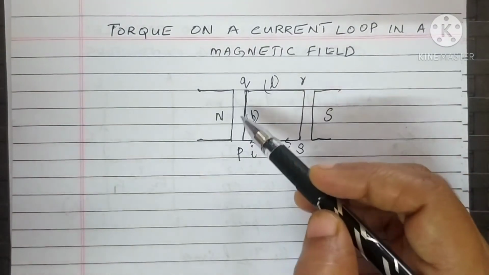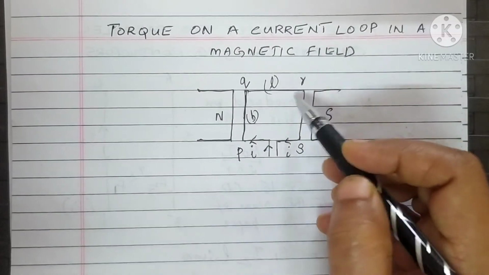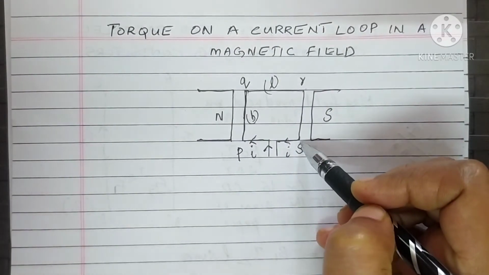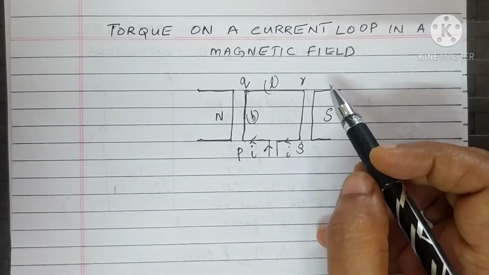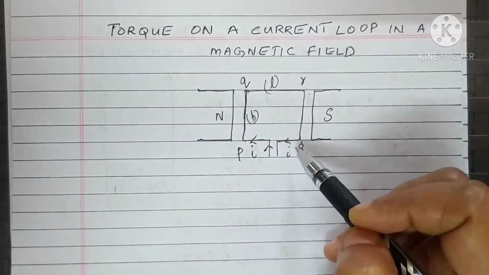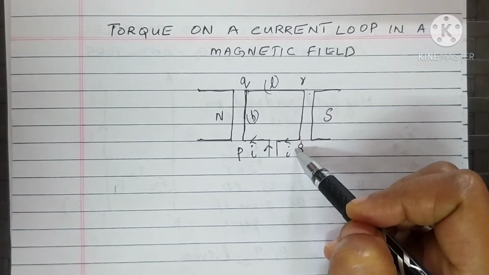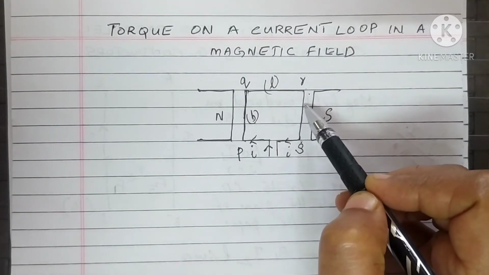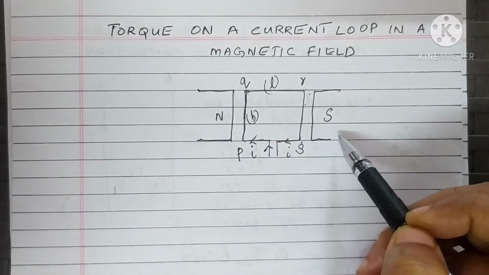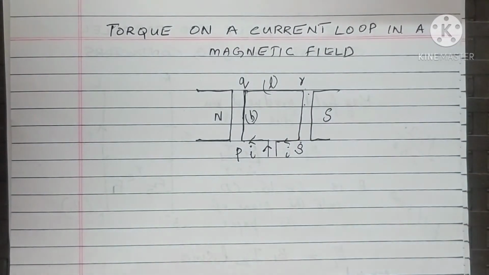Here you know the arms PQ and RS will experience a force, whereas QR and PS experience no force because the current in them is parallel to the direction of the field B. You know the force expression is BIL sine theta.